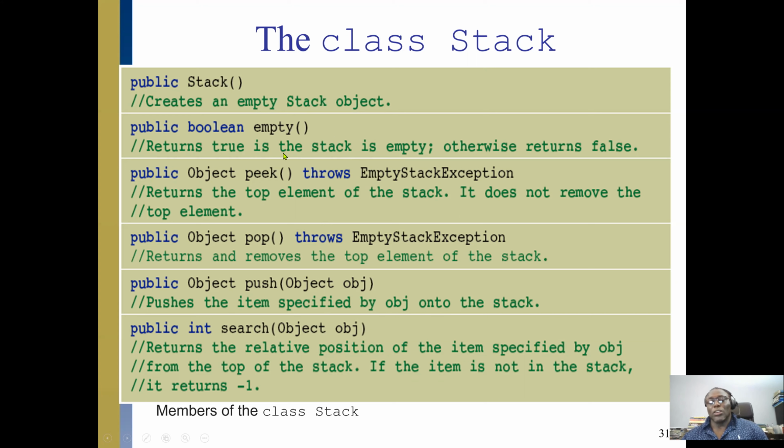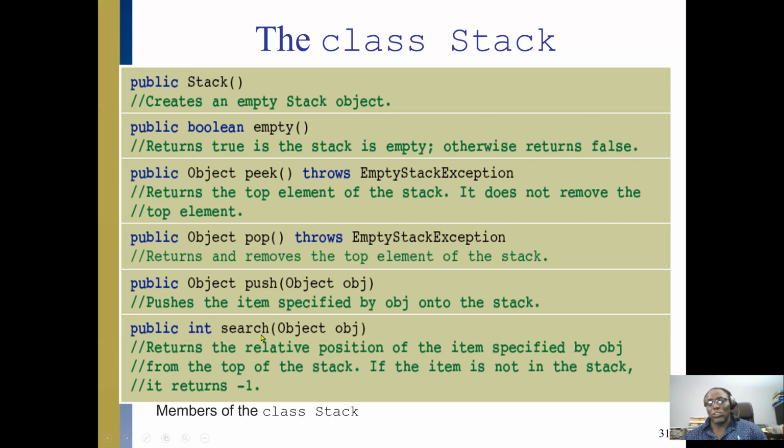If you want to check if the stack is empty, we use the method name empty. Again, here, most important, we have to know the method names. We have to use the exact methods here. So push, peek, pop, they are the same. We can also search an element in the stack. So we didn't write that code, but we can also write it, and the Java utility package has it also.